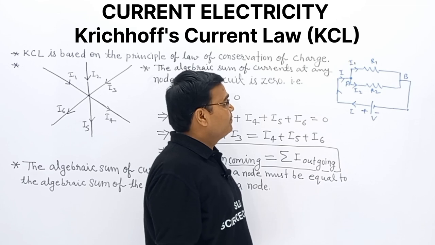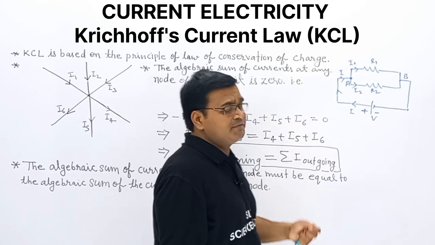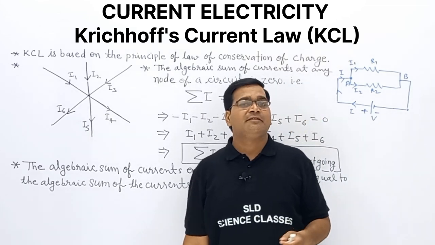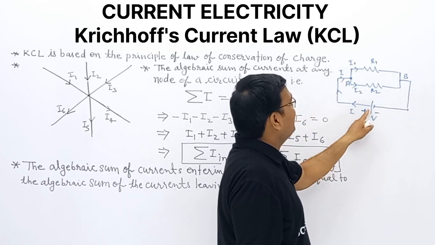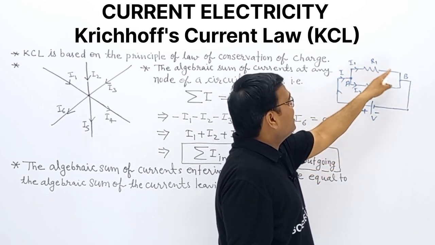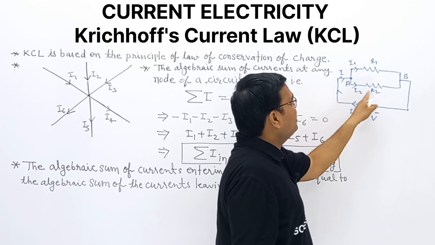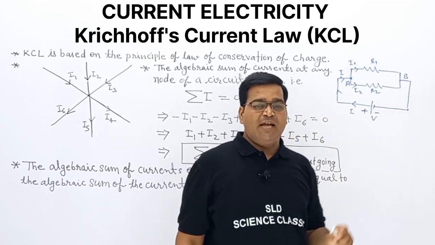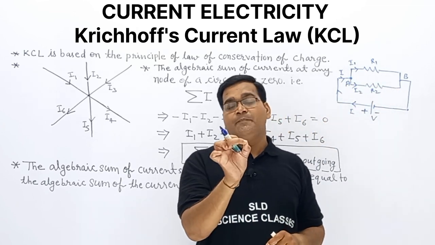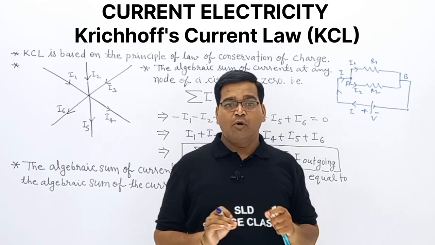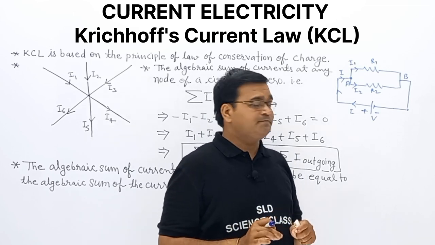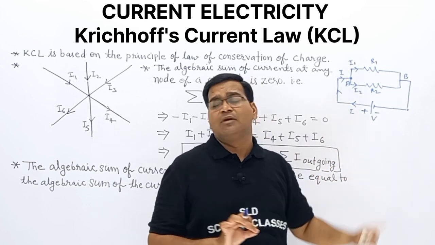And the branch has elements. This branch has active elements, and this branch has a passive element. I hope you understand the node and branch in a circuit.